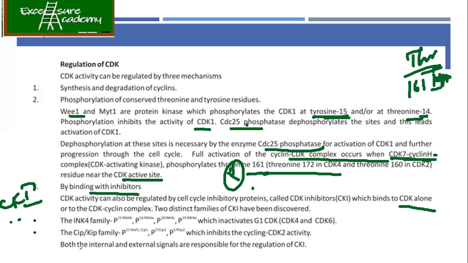There are two families, the INK family and the CIP/KIP family, which we have also discussed. The INK family will inactivate G1 CDK, and the CIP/KIP family will inhibit CDK2 activity. Both internal and external signals are responsible for the regulation of CKI. So this is how CDK activities are regulated for the maintenance and regulation of the cell cycle.